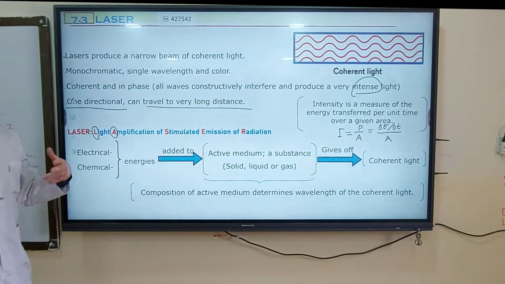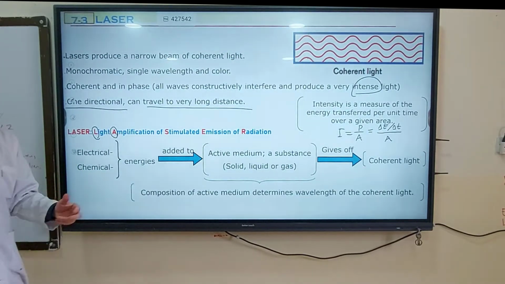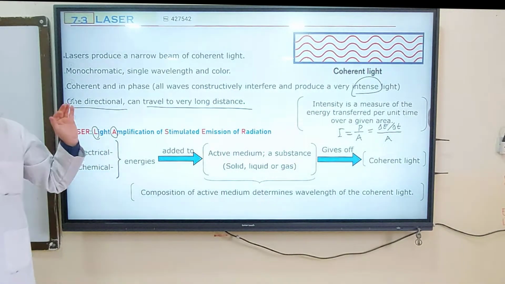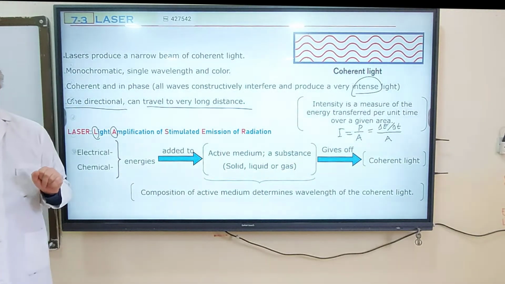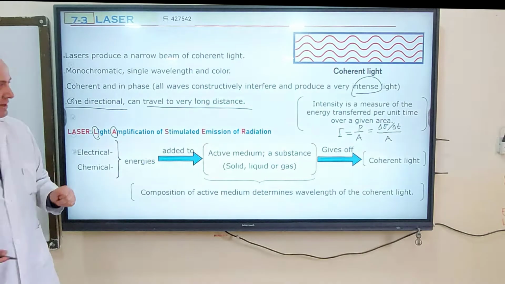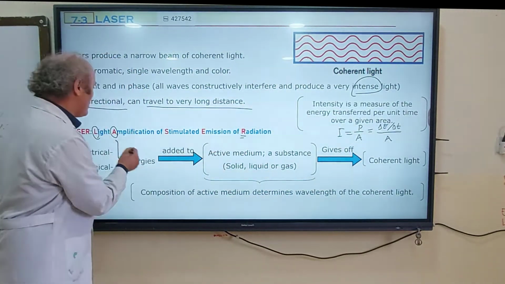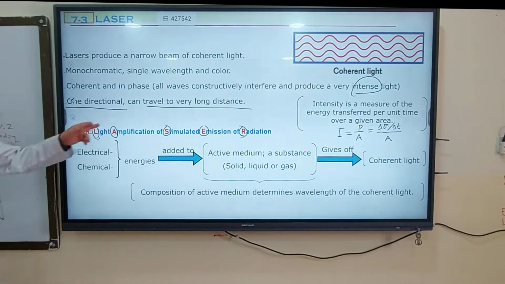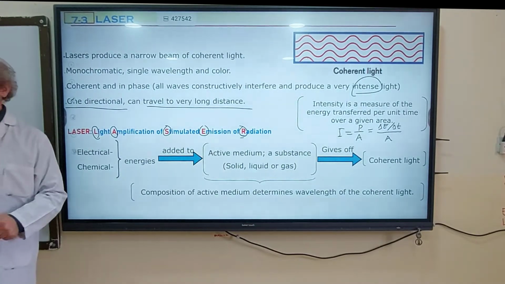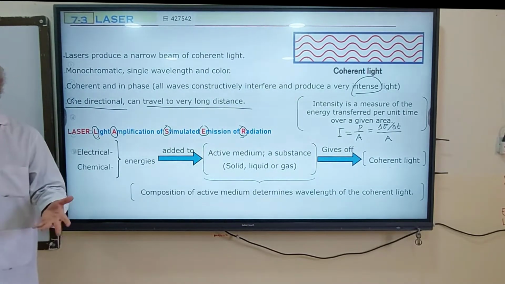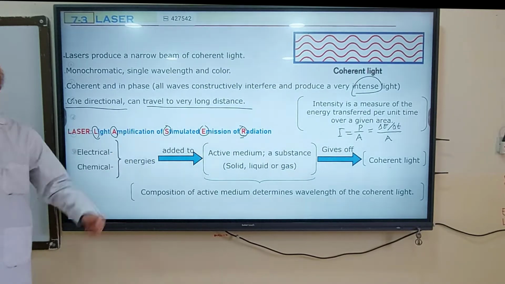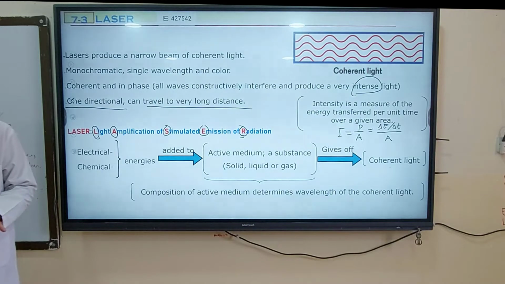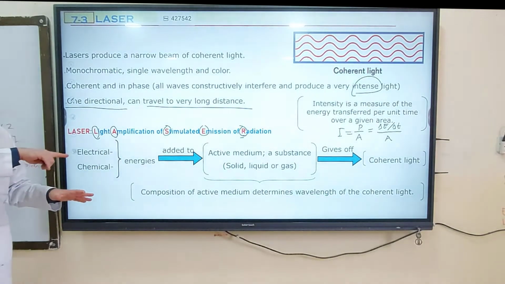Yes, we amplify the light, but by using a technique which is known as stimulated emission of radiation. Combine this all, it becomes laser. This is a question: laser means what? Light amplification by stimulated emission of radiation. It's called laser. Stimulated? What does it mean? The next slide.